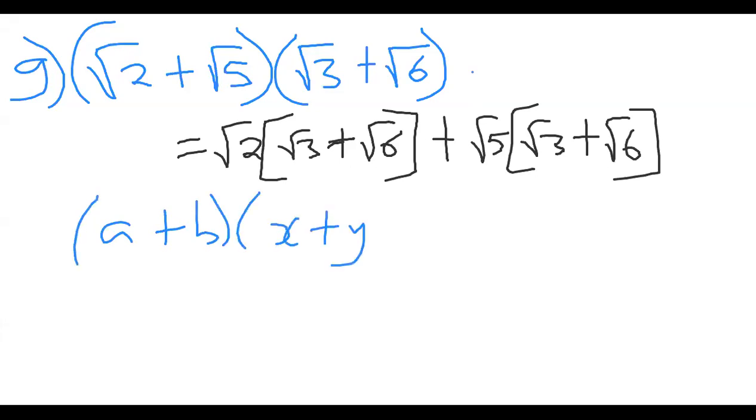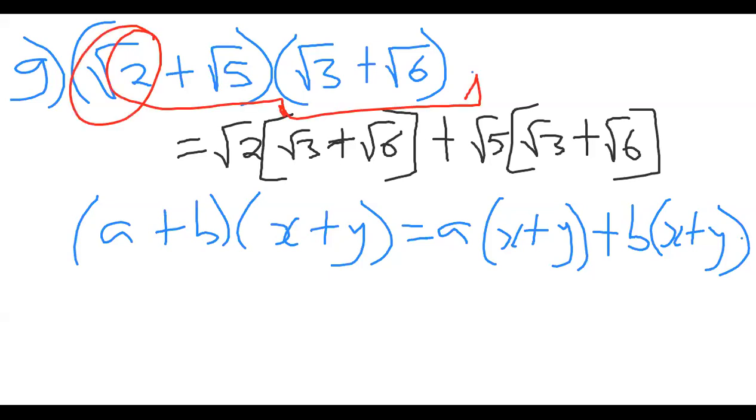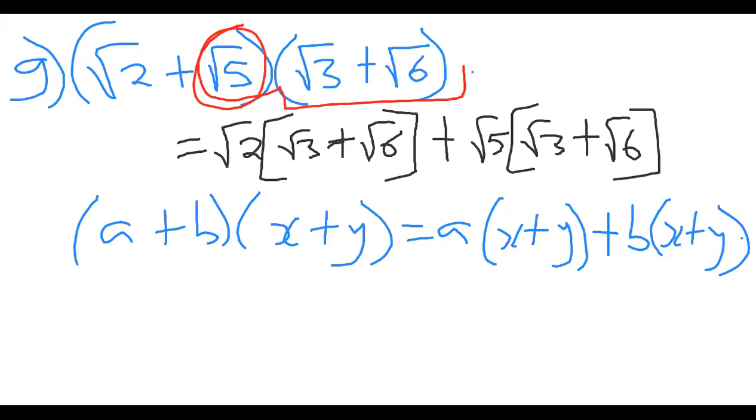It is the same as you multiply the a with everything in the other bracket, and then plus b times everything in the other bracket. It is the same thing that we have done in that illustration up there. You multiply the 2 with whatever is inside here. That is what we have here. Then you multiply the 5 times whatever is inside here. This is what we have here.